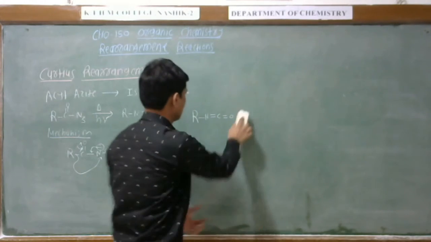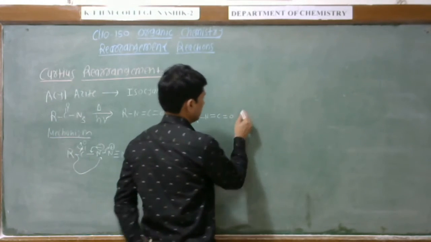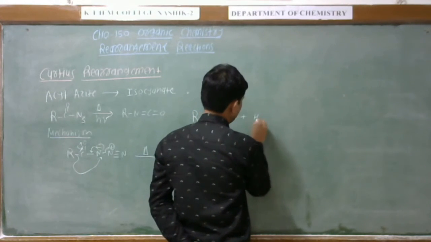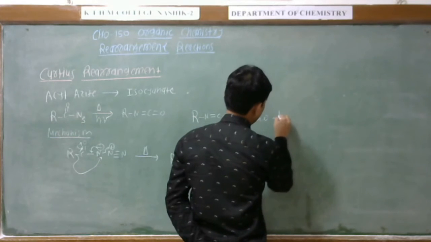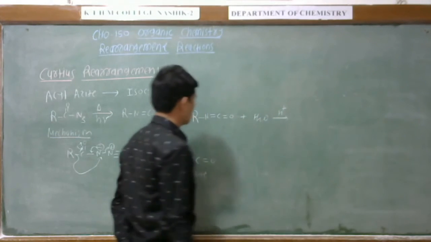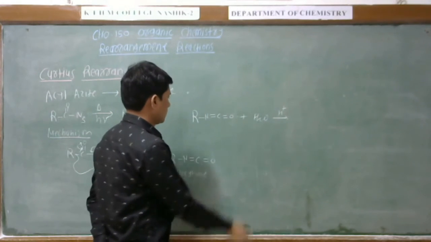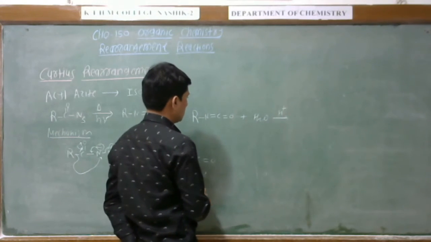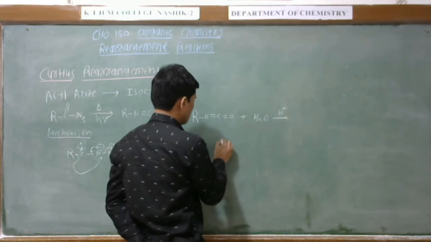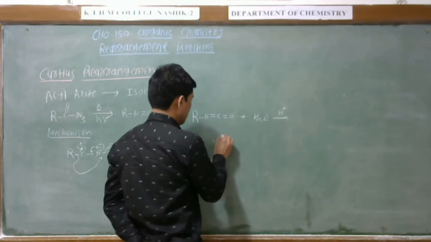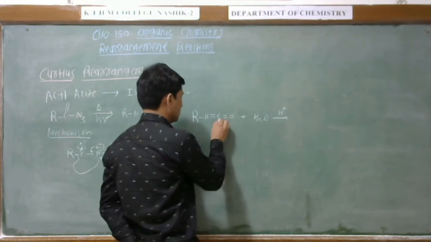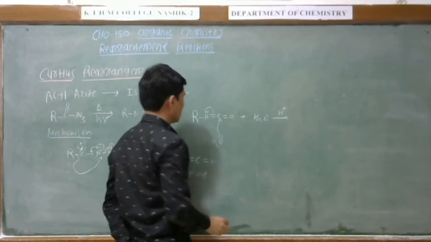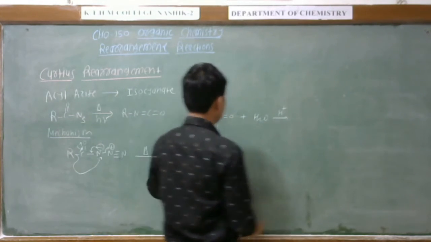When this isocyanate reacts with water in the presence of acid or base, this water molecule H2O will attach to this carbonyl carbon, and this double bond will open, and there is the formation of a negative charge on nitrogen.